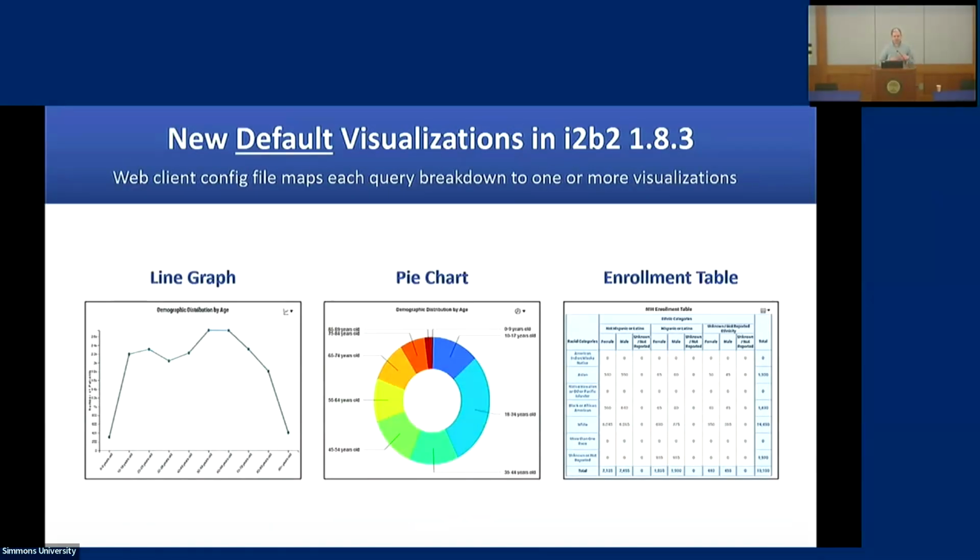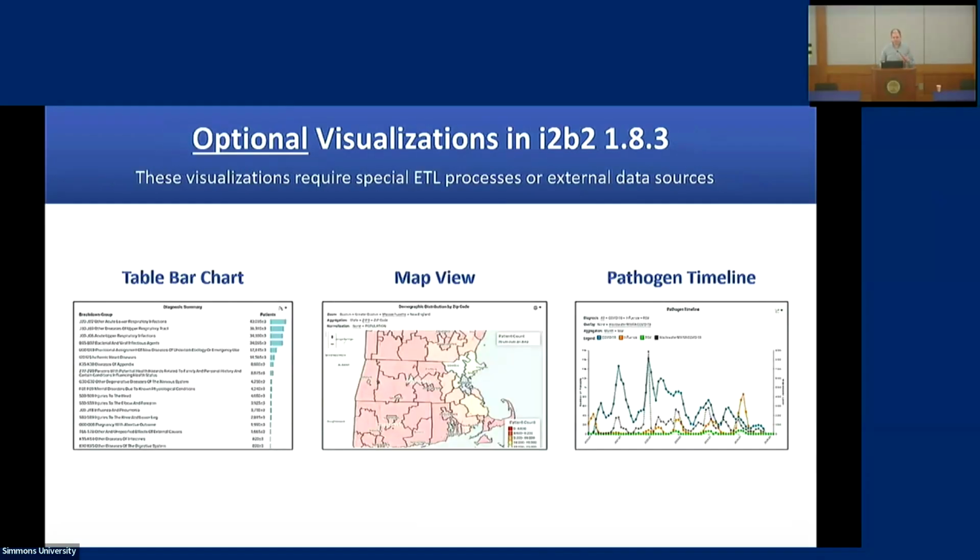All right, so there are several of these visualizations that come by default in 1.8.3. So the age breakdown, we have line graphs, pie charts, and the enrollment table. There are several other breakdowns where the visualization code comes with the I2B2 web client, but we don't have by default the breakdowns set up that are paired with those visualizations.